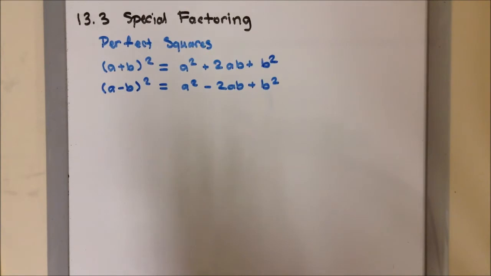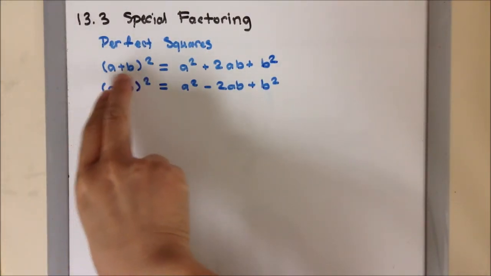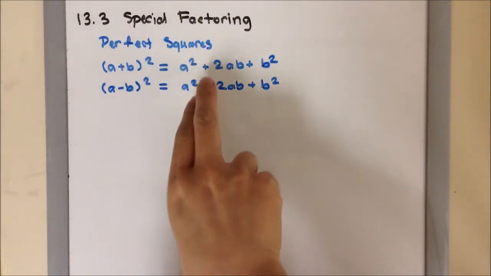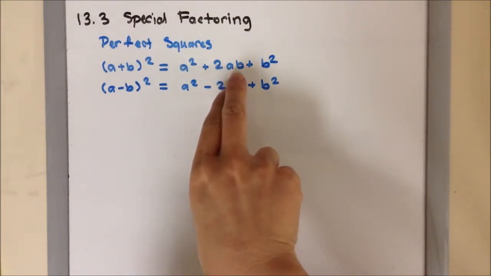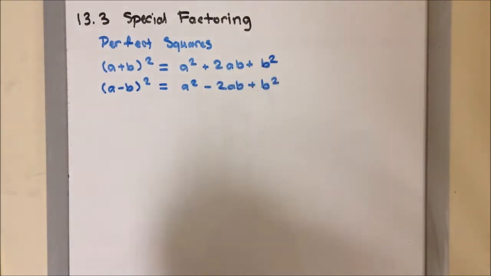When you have a perfect square, such as these two forms, the square of a plus b will equal a squared plus 2 times a times b, that's your middle term, and then plus b squared.